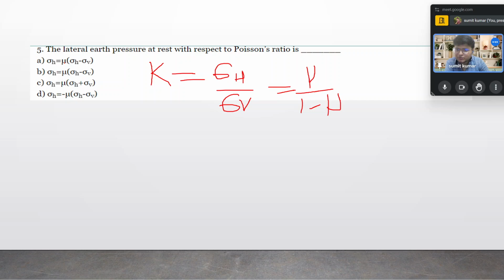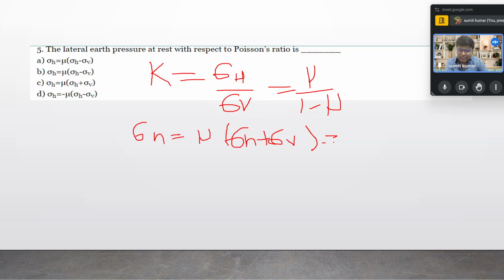multiplied by 1 minus mu. Okay, so see the option C. In option C, it is written sigma h equal to mu into sigma h plus sigma v.